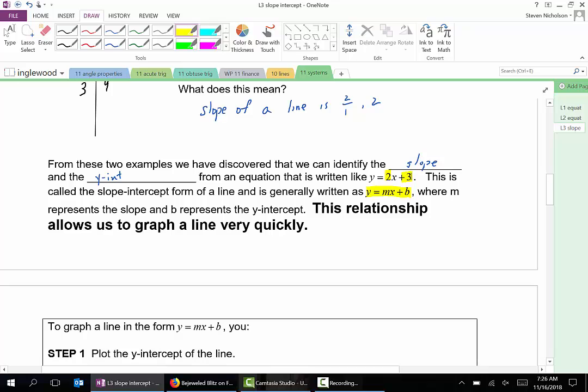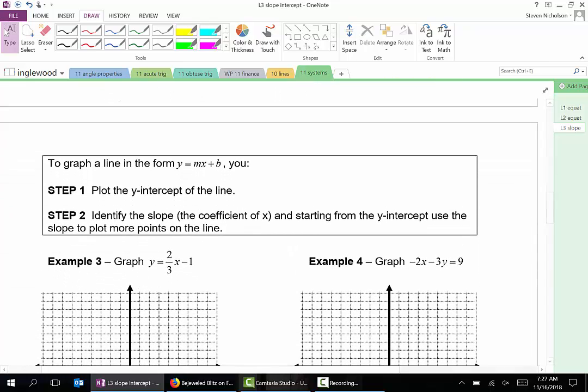And you probably did a whole bunch of these examples in grade 10, and if you forgot them, just make up a couple of your own, y equals -2x minus 7, or y equals 1/2 x plus 5, and find the y-intercept, find the slope, and you will see that this relationship always holds. And this relationship allows us to graph a line really quickly.